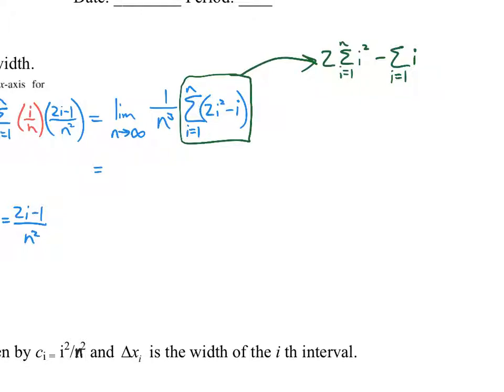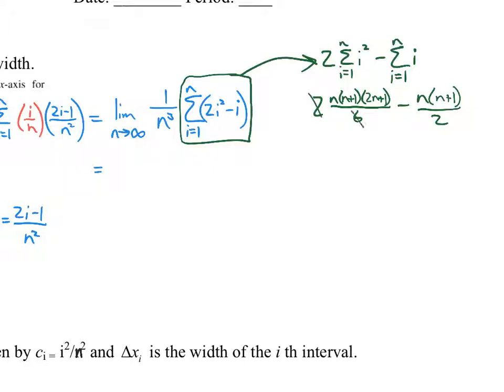Alright, so we have 2 times n times n plus 1 times 2n plus 1 over 6 minus n times n plus 1 over 2. I'm going to go ahead and simplify that further before I put it back into my limit.